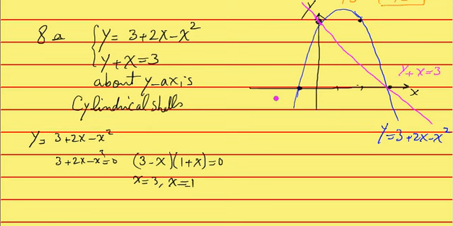Region bounded by these two is this region. This is the region that is bounded by these two. We just noticed that the points of intersection are 0 and 3. You can verify that separately. We are taking this and turning it around the y-axis.